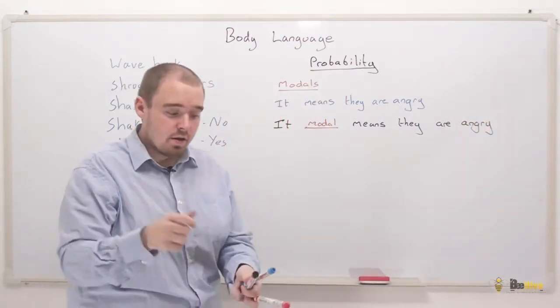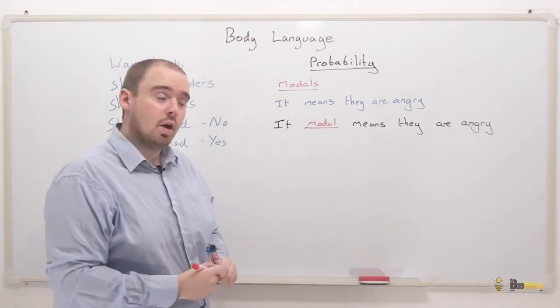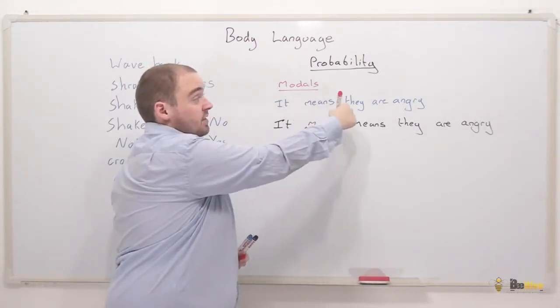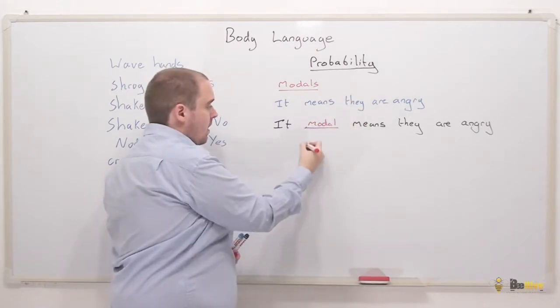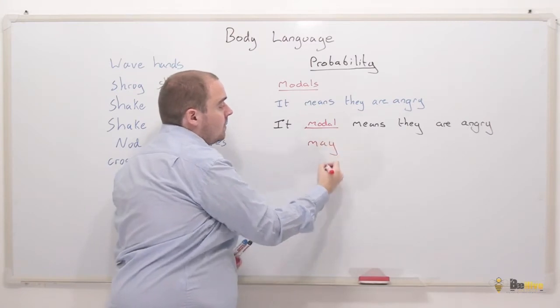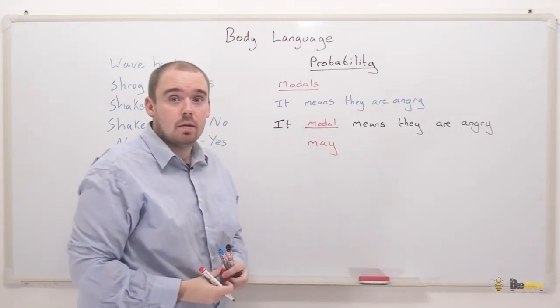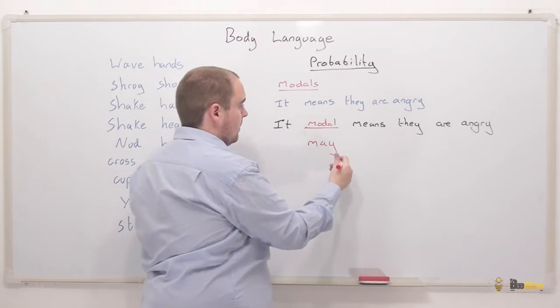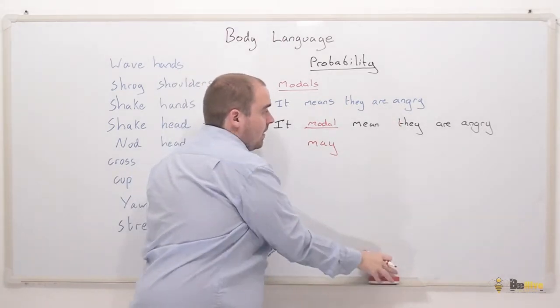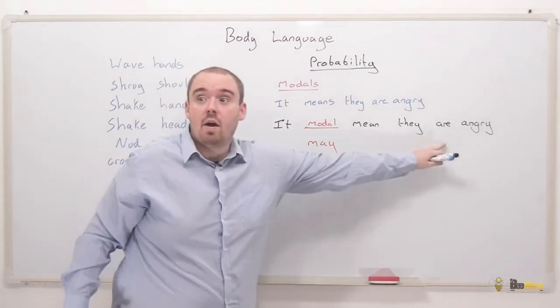Okay? So here are some words we can put in. We can say they may be angry. May be, no S. It may mean they are angry.